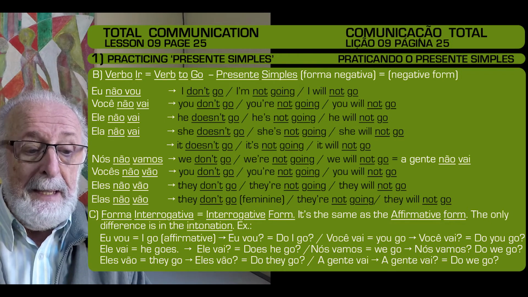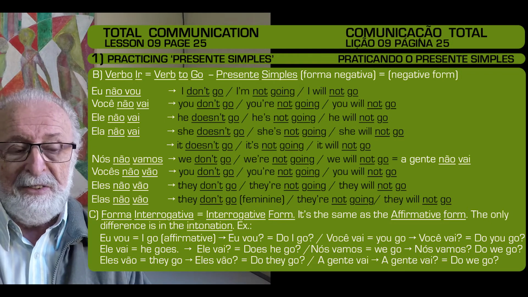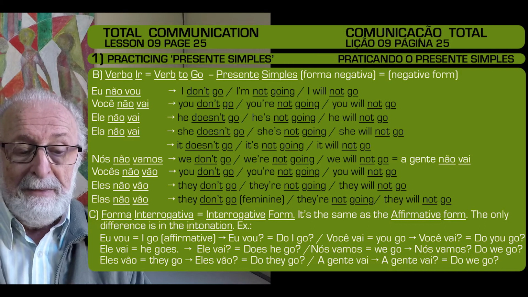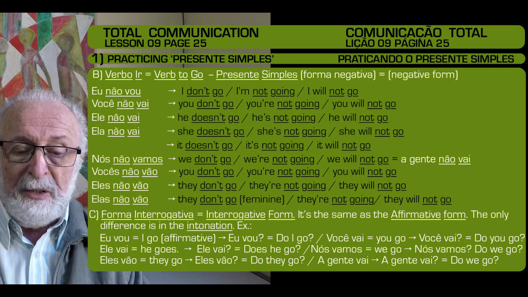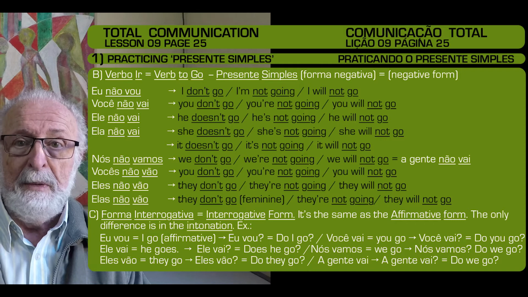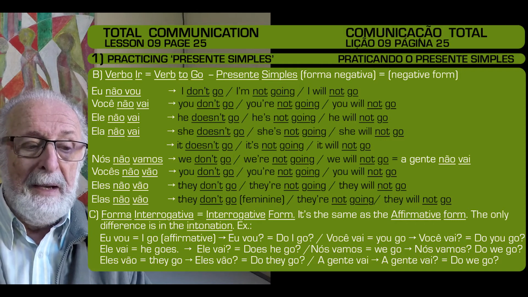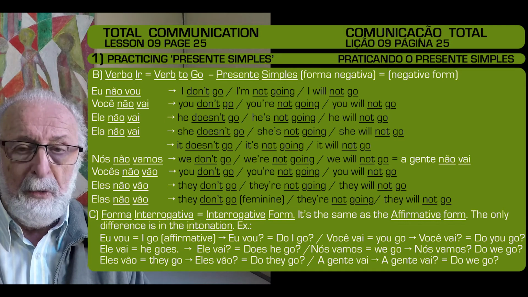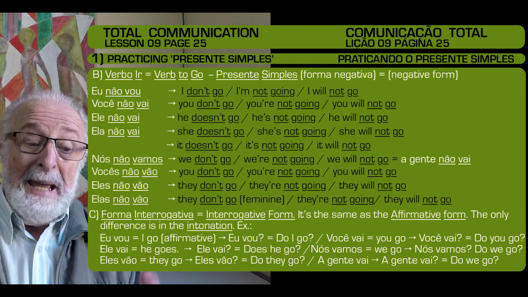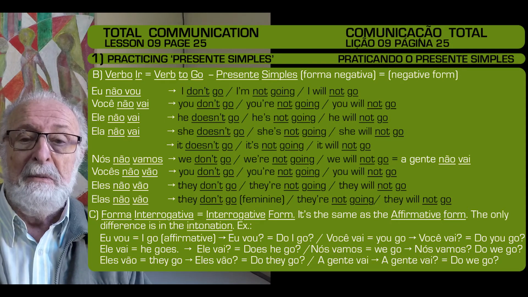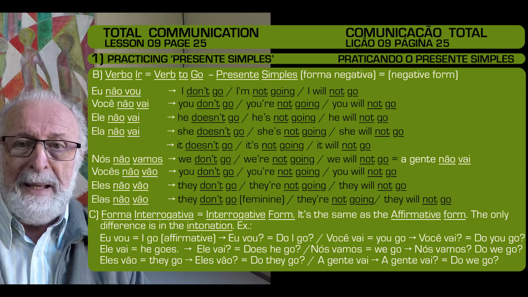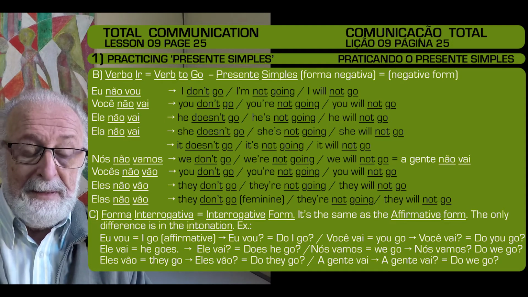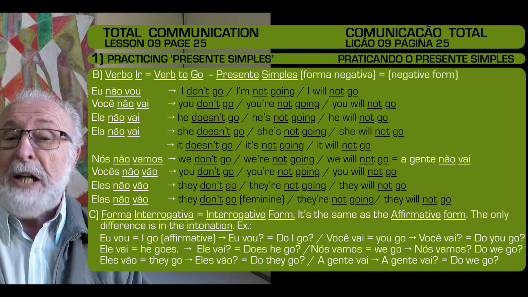Okay. Eles não vão. They don't go. This is the masculine form. Eles não vão. Okay? Eles is the plural of he. Elas is the plural of she. Elas não vão. Eles não vão. He or she, that depends. Plural of them. They don't go. They are not going.